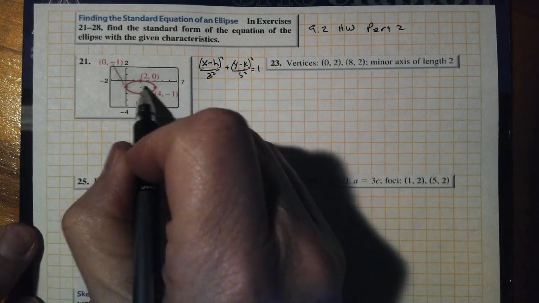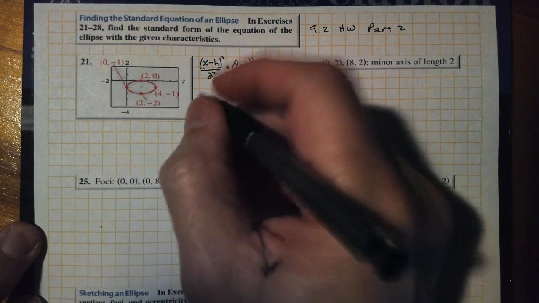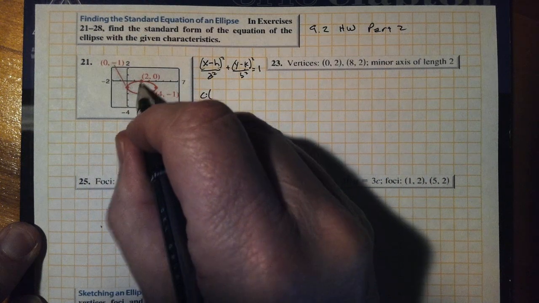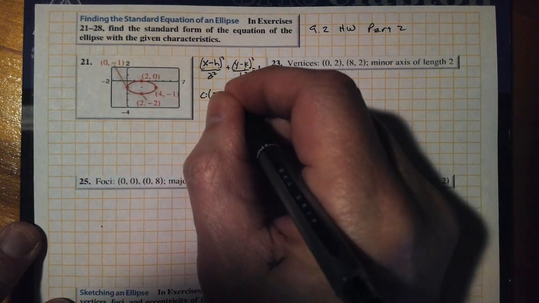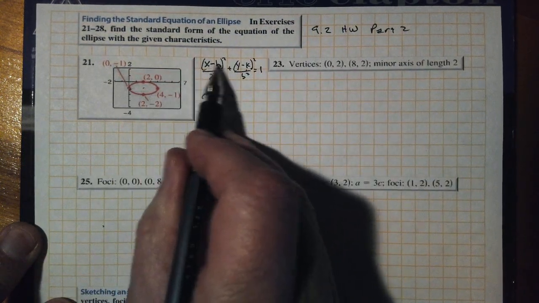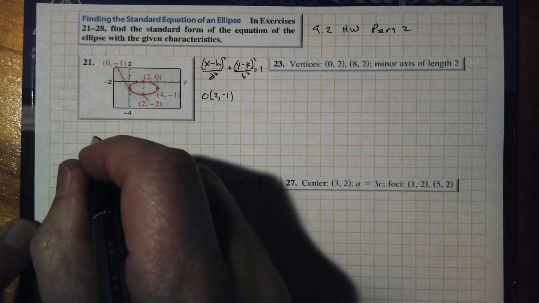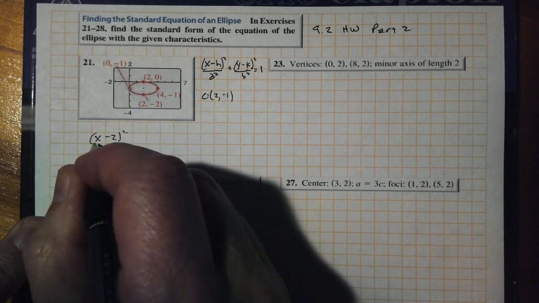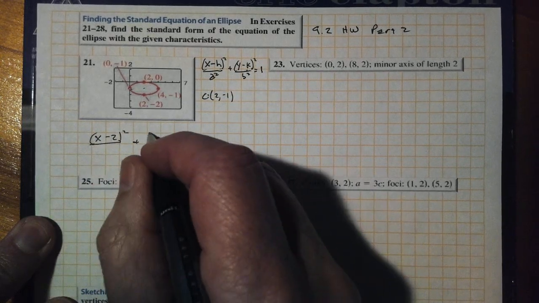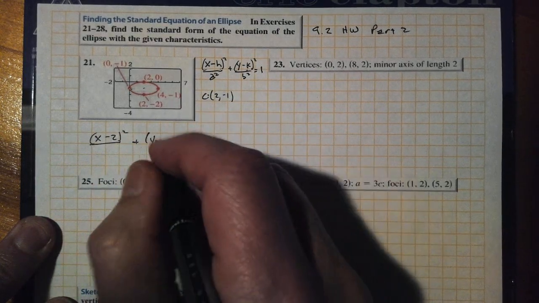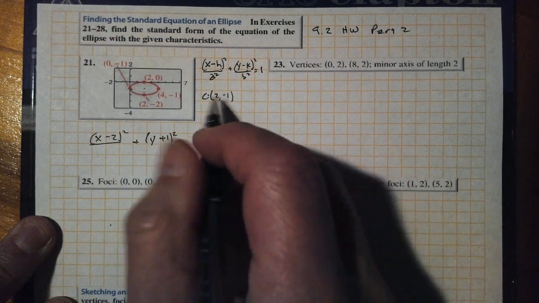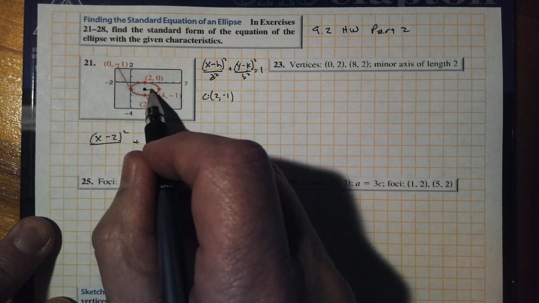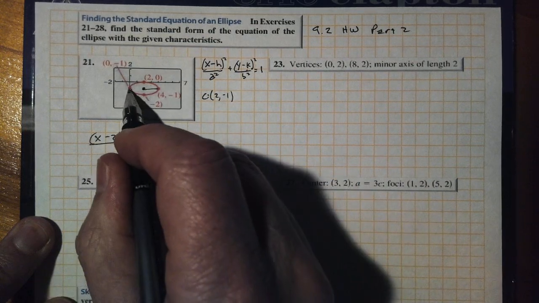So this is a wide one, so it's an x. My center is right 2 down 1, and it's x dominant, so it's wide. It is x minus 2 squared on plus y minus negative 1, y plus 1 squared. There's h, there's k. A is the distance right here, or right here.